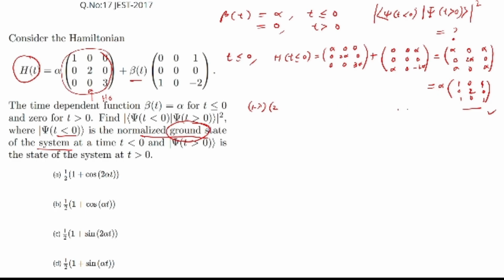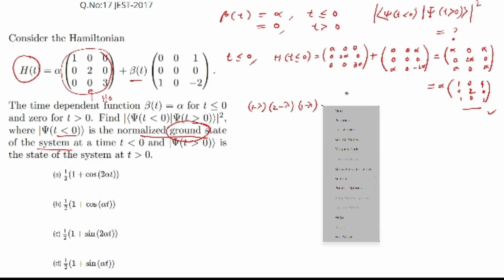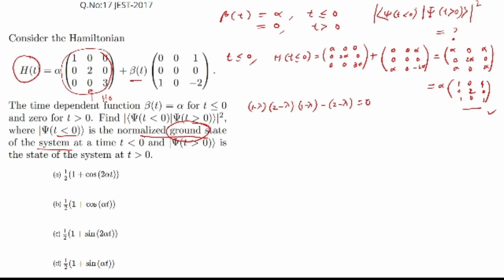So 1 minus lambda, 2 minus lambda, 1 minus lambda. Okay, so this is 1 into this minor, then for this case it gives minus 1, and it will be only 2 minus lambda, equal to 0.